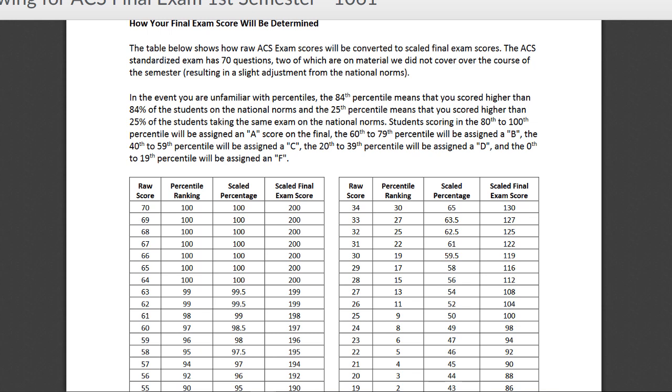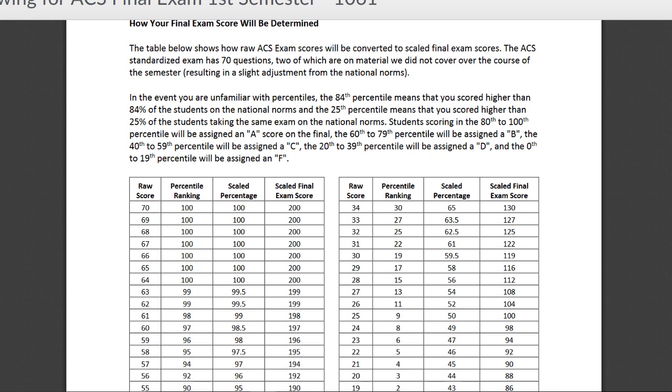Because you're going to be in the 100th percentile, that'd be the equivalent to a 100% scale percentage. You'll wind up being assigned a score of 200 out of 200 on the final. And so basically what you want to pay attention to is your raw score out of 70 that you're going to get over here.